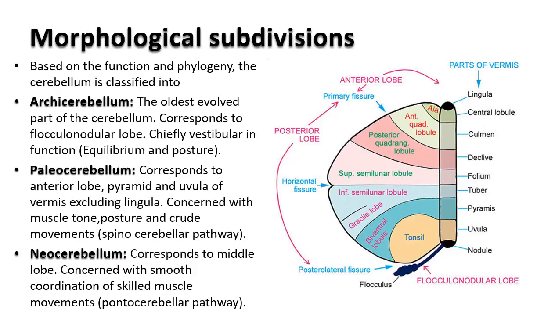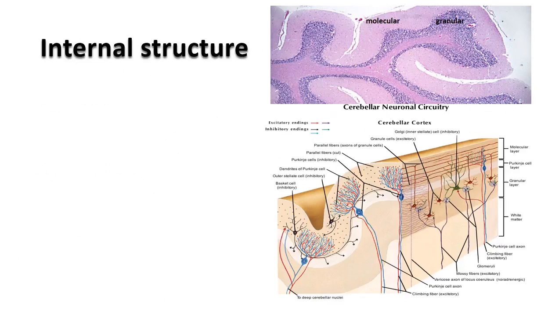Okay, next, coming to the internal structure of the cerebellum, if you look at the cerebellar cortex, it has an outer gray matter, and you are able to see that, and an inner core of white matter.